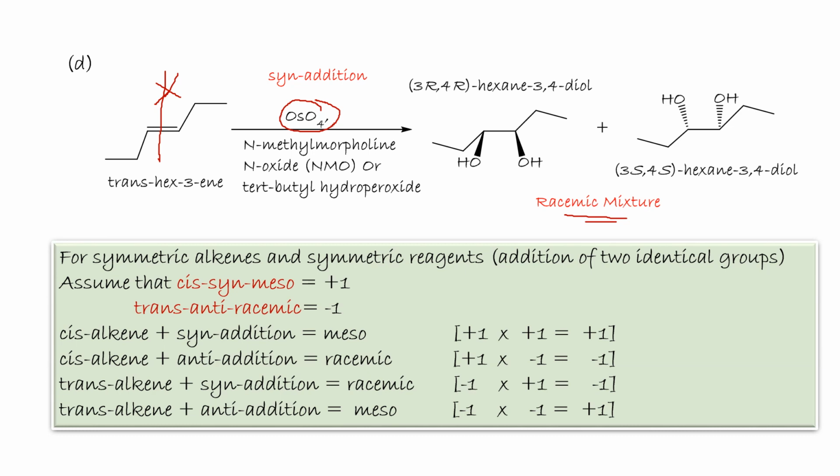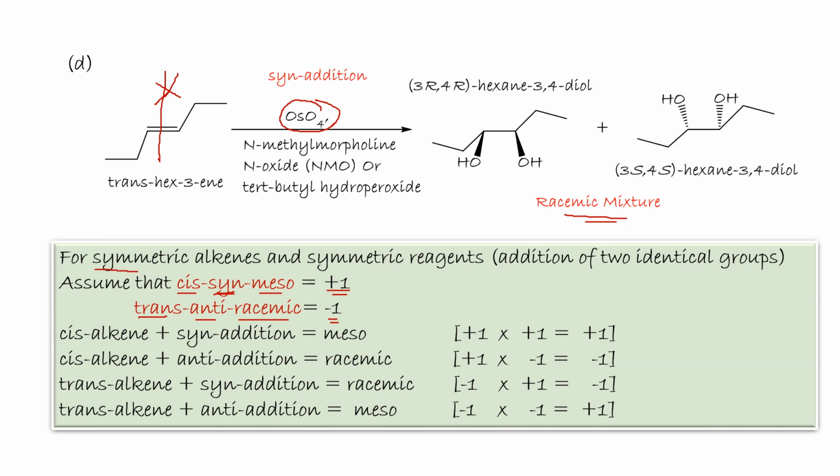If we do it mathematically, if we say cis, syn, and meso, all of them are symmetrical, give them +1, and the trans and the anti and the racemic, you give them -1.